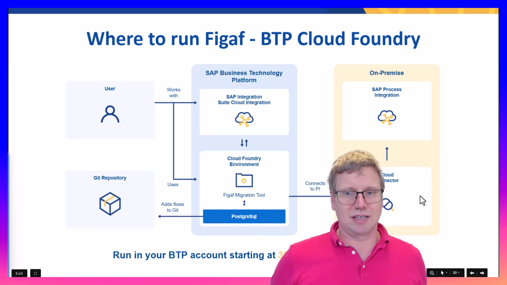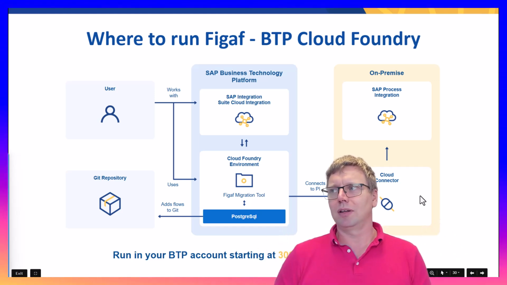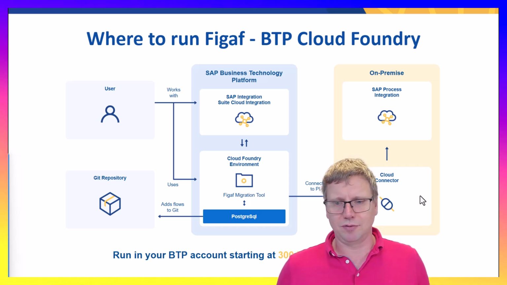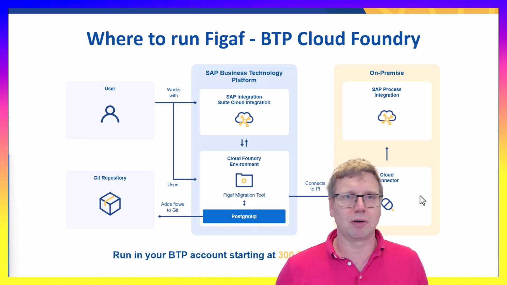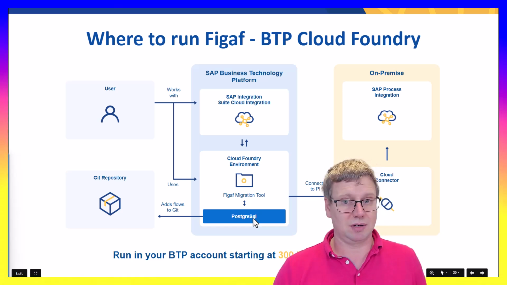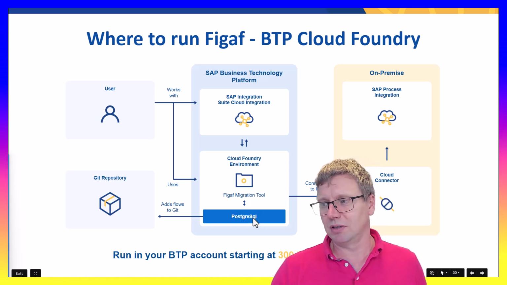This is the last slide before the demo. So where do you run it? The place we normally recommend that you run the Figaf tool is in your BTP Cloud Foundry. It uses a Postgres database, which is a service hosted in your BTP account.